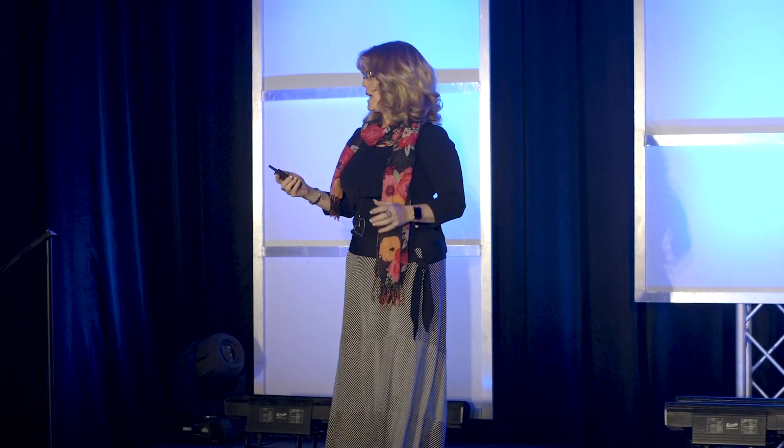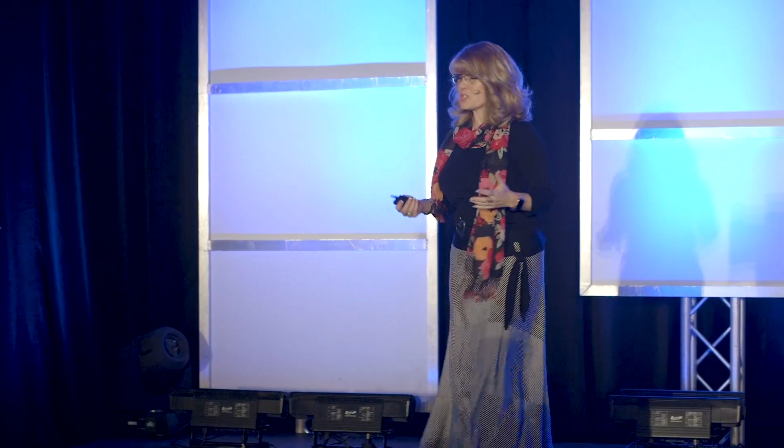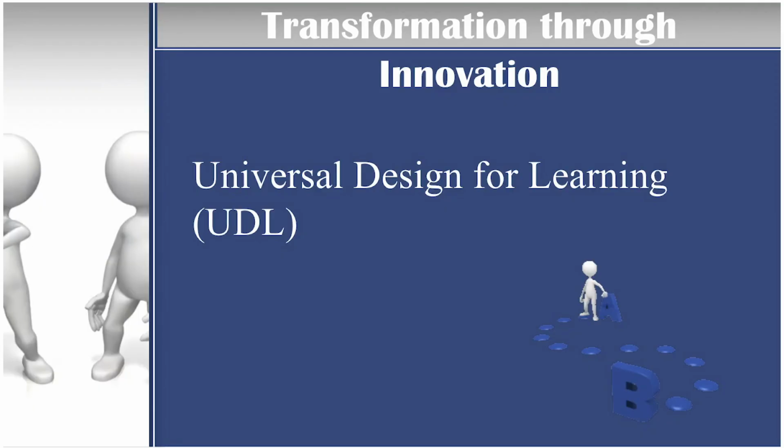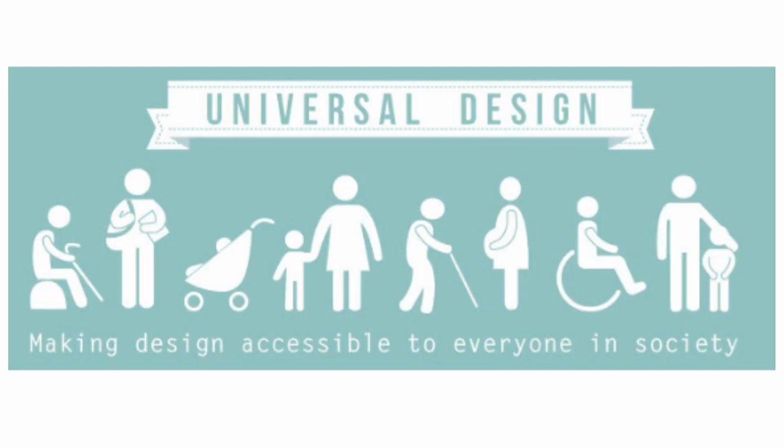Another thing that I thought we should talk about, because I'm passionate about this and do a lot of my presentations on universal design for learning. The more we're able to universally design our instruction at the university, in the classes, right, the more all of our kids have access, because that's what UDL is about. For those of you who really have never heard about universal design for learning, and this is just a small little snippet, but it's about universal access.